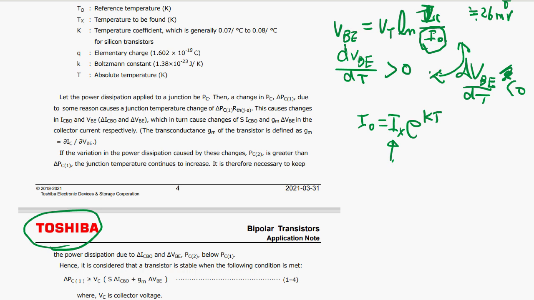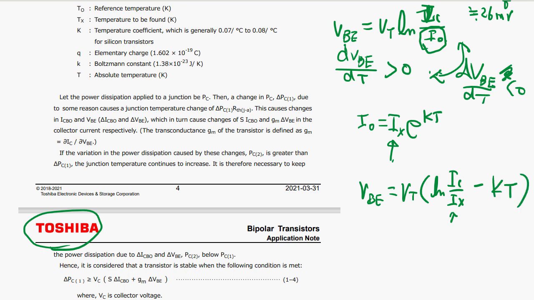If you plug in there, VBE equals VT log IC over Ix, which at this point is constant, minus a term in kT.